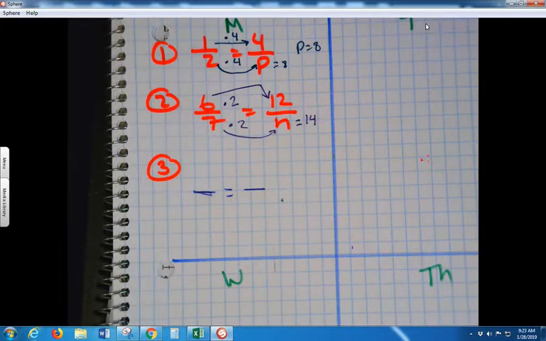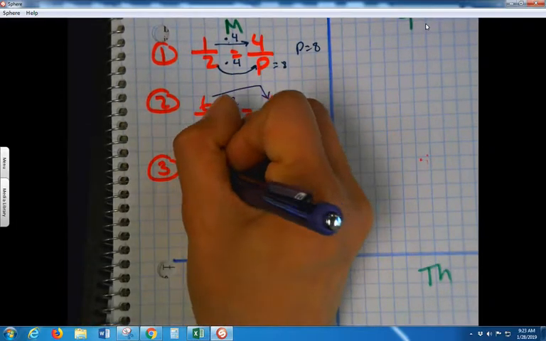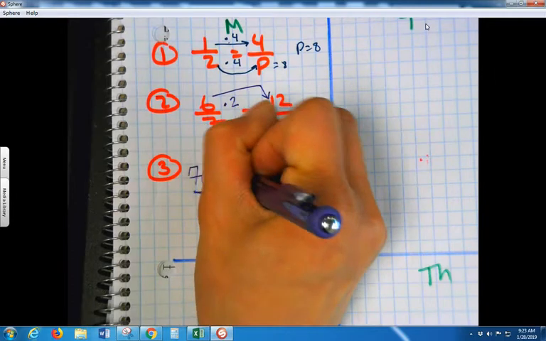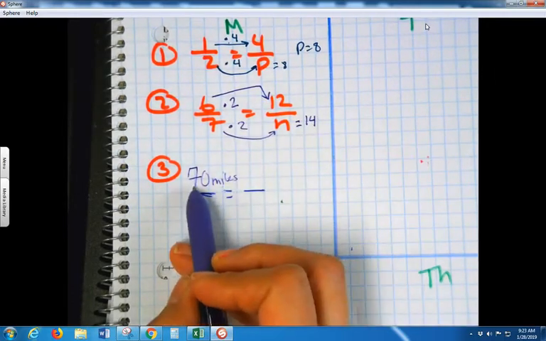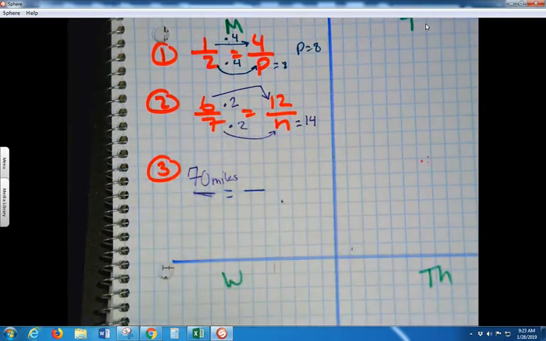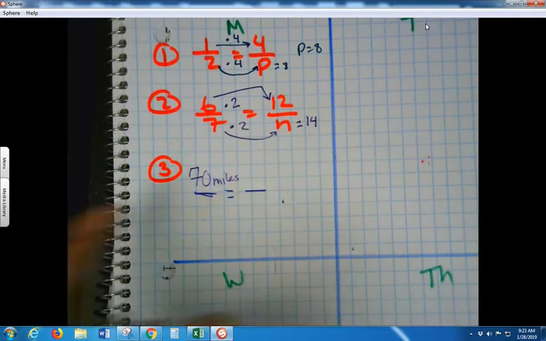What does the 70 represent? So the 70 represents miles. And look how I'm writing miles next to the 70, ladies and gentlemen. I'll be waiting until I get your attention. Okay, 70 represents miles.